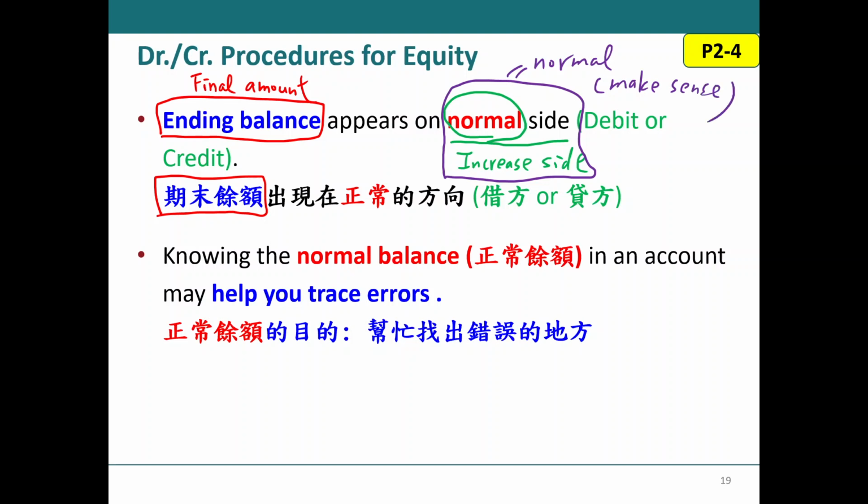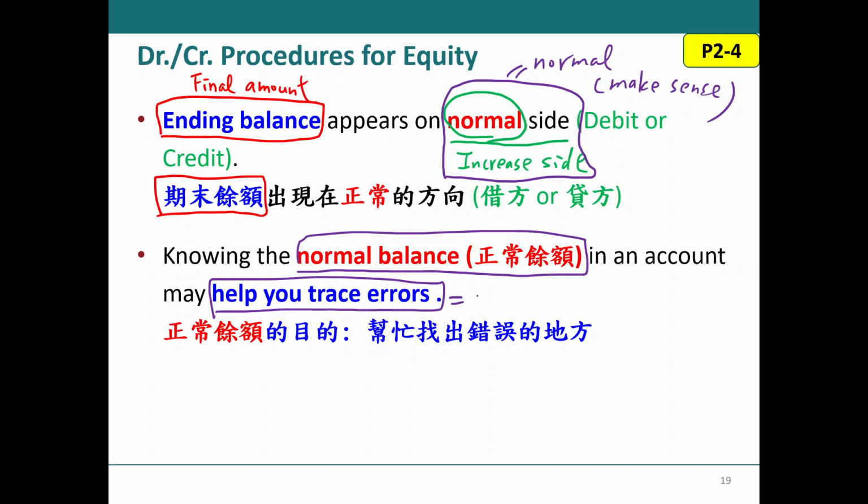Okay? Then why do we want to know if it is normal or abnormal? Because it could help you to double check whether you made any mistake. Okay? So understand that's normal or abnormal. They will help you to double check.